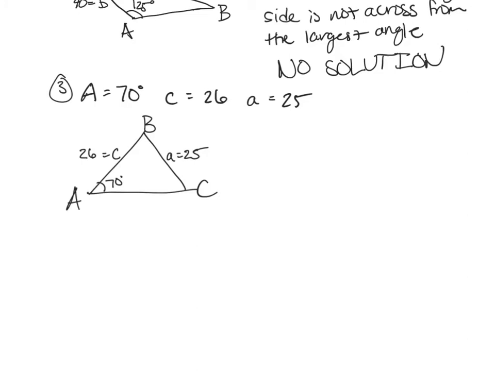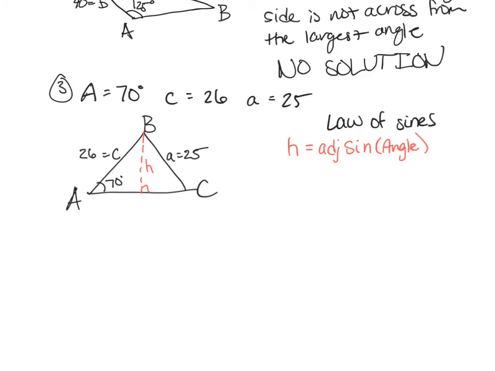So I know I will be using the law of sines, but in this case, our angle is less than 90 degrees. So I'm no longer just looking at those side lengths, I now have to compare everything to my height as well. So I need to find my height, and just a reminder, your height is going to be your adjacent side times sine of your angle.